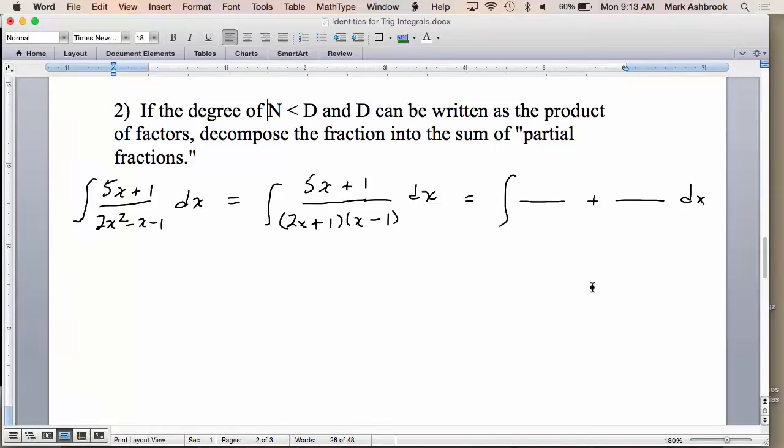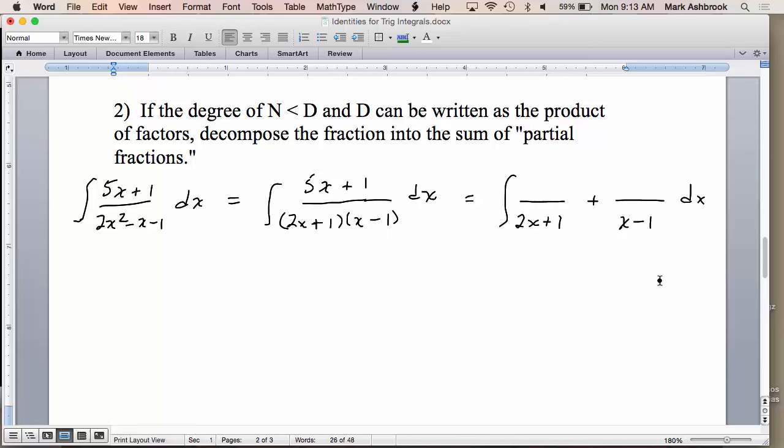If they have no common factors, you just multiply them. So the original denominators would have been just those factors: 2x plus 1 and x minus 1. So it's like going backwards from adding fractions. We're decomposing this one fraction into its original sum of fractions. You're used to adding fractions by finding the common denominator and making one big fraction. Decomposition means going the other way.